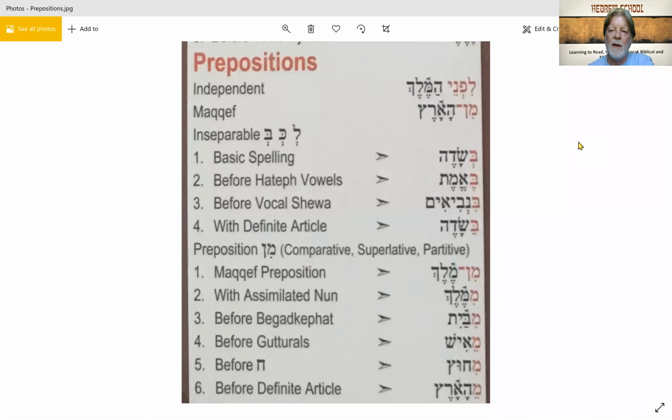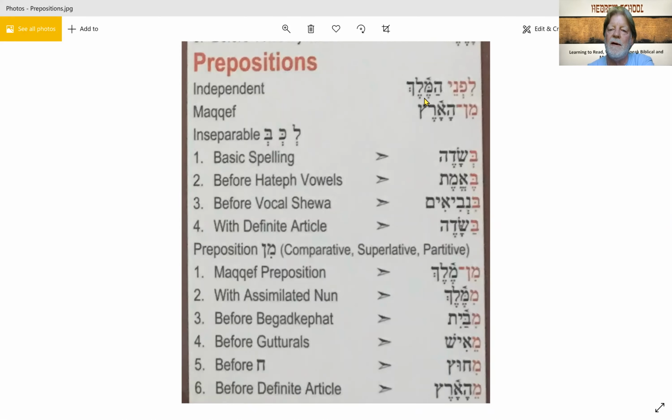Today we're talking about prepositions. Prepositions can appear in our Hebrew text in several different forms. One of those forms is an independent form, and that means that the preposition is a separate word from the noun that it kind of defines or modifies. In this example, the Hebrew is lifanei hamelech.